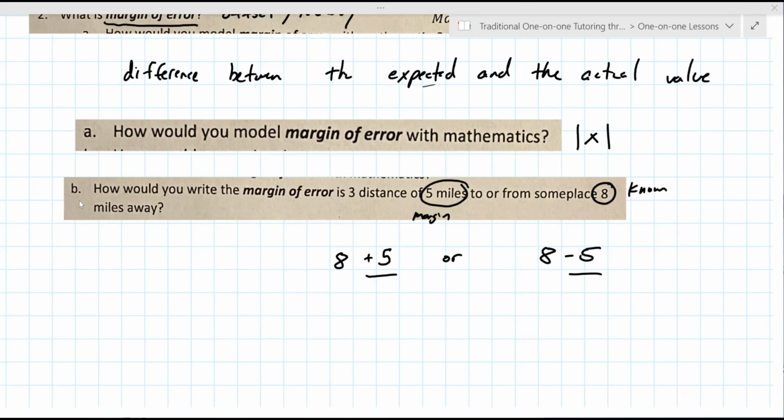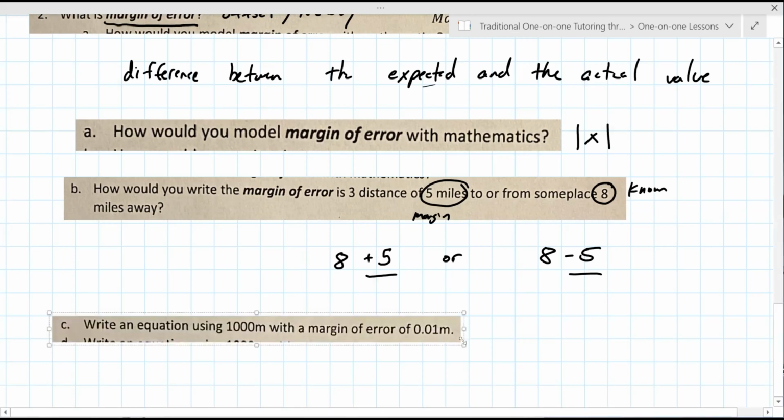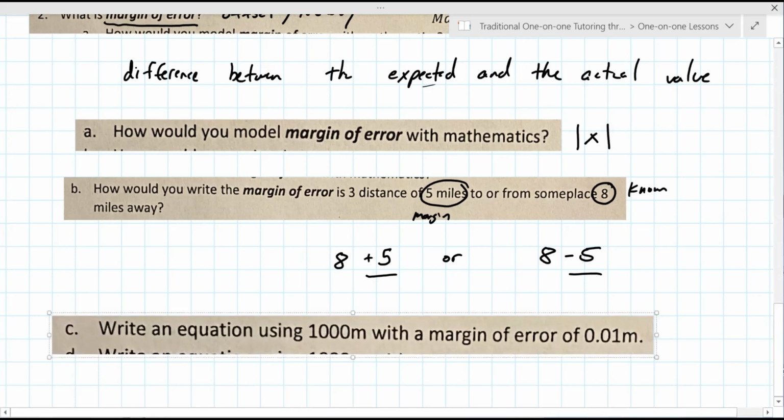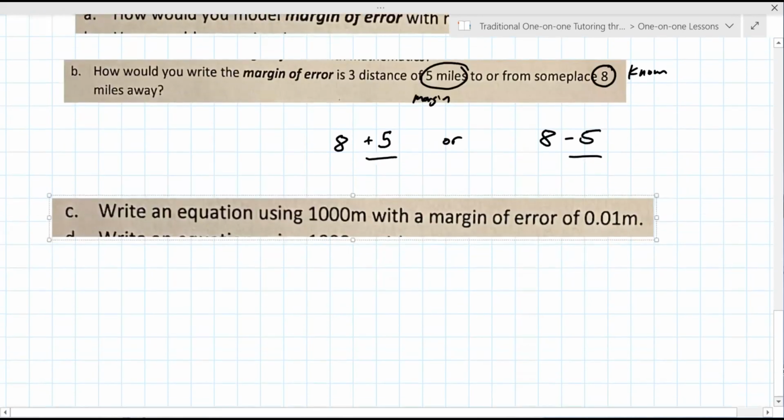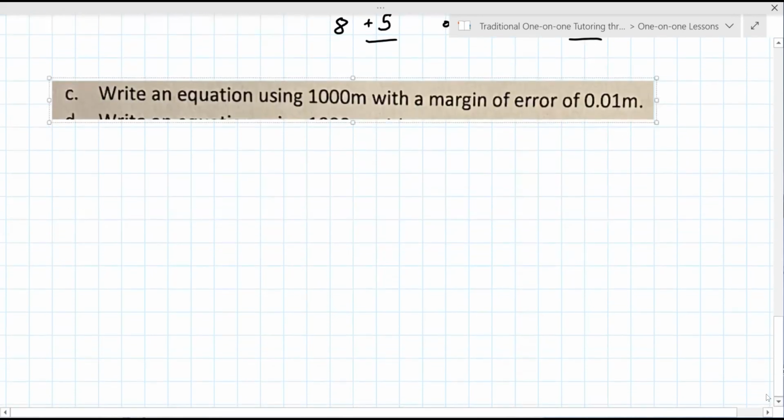Okay, this one will make more sense. We've got 3 problems in a row where we have to do the same thing. So the equation is always the following: the absolute value of x minus your center equals your margin.